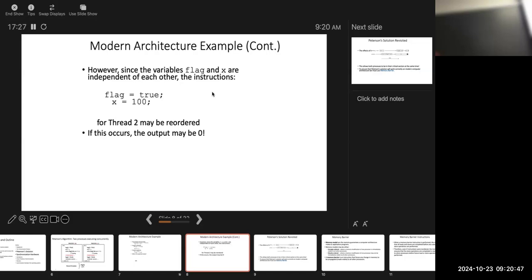Now our thread 1 is in the loop, and as soon as it sees that the flag is equal to true, it falls through the loop. But also consider that before thread 2 is able to set x equal to 100, it is interrupted, maybe by another process or another thread. Then thread 1 prints not 100 but 0, which is not the expected result.